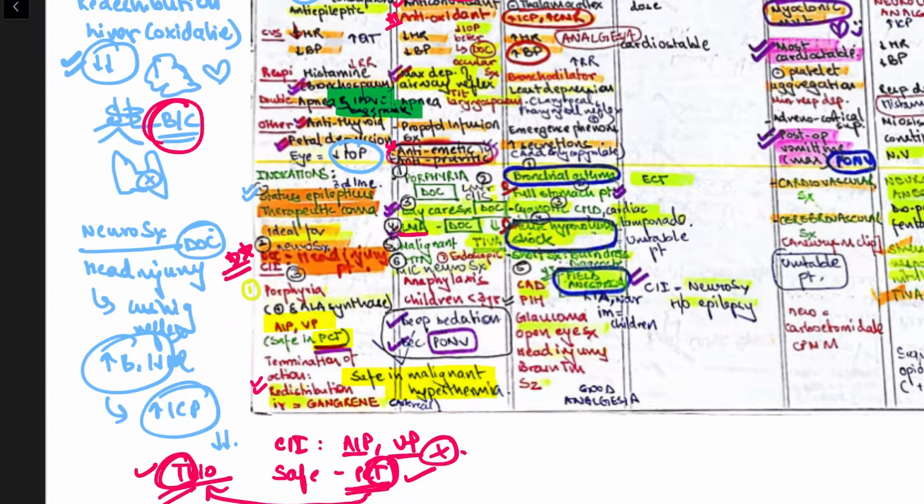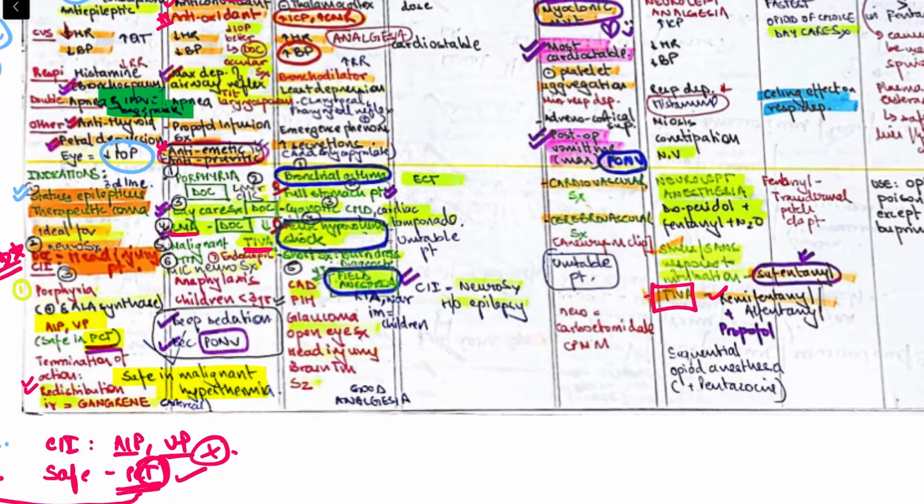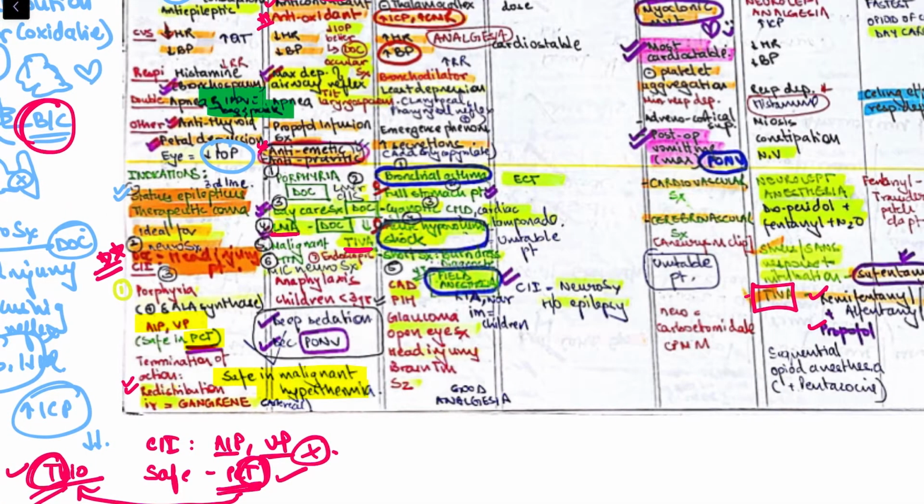While doing LMA intubation, it is again the drug of choice, and it is the drug of choice for TIVA, that is total intravenous anesthesia. For TIVA, remember, what we give is remifentanil or alfentanil, an opioid, with propofol. This is total intravenous anesthesia.